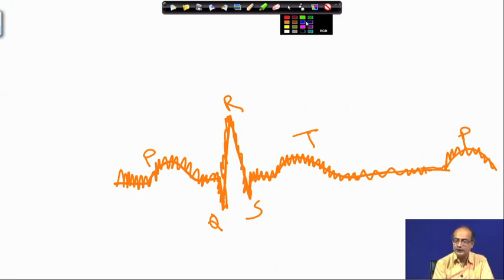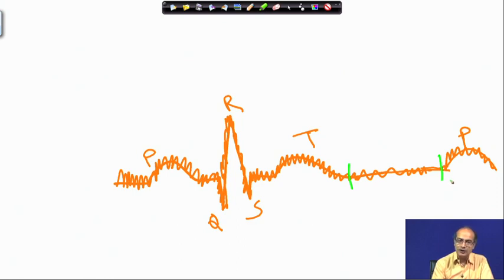But we can easily get some estimate of the desired signal from this corrupted signal by some approximation. For example, from the T wave to the P wave of the next beat, in between this part is the isoelectric line, there is no activity.